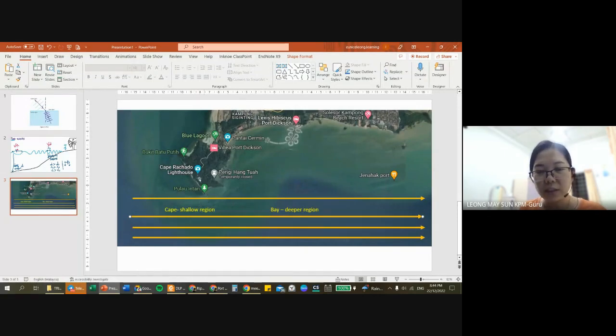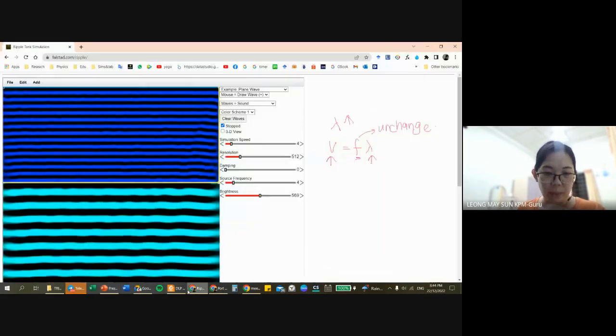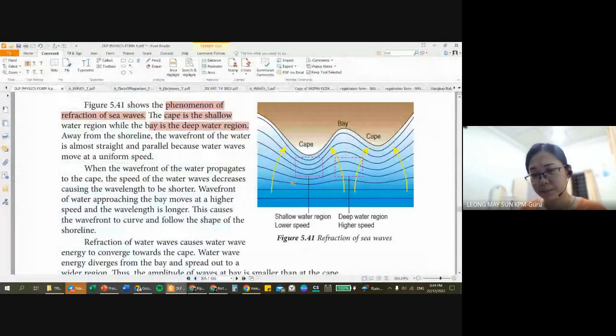Let me highlight everything easier for you all. Away from the shoreline near the deep sea region, the wave fronts are almost straight and parallel because they are moving at uniform speed. The depth of the seabed is almost the same.